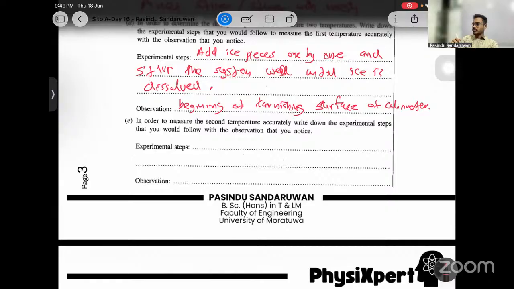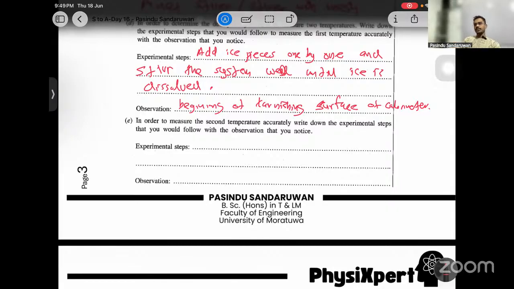Then let the system cool down again, observing the surface until the shine returns. When the shine appears back, I have to take the reading again.